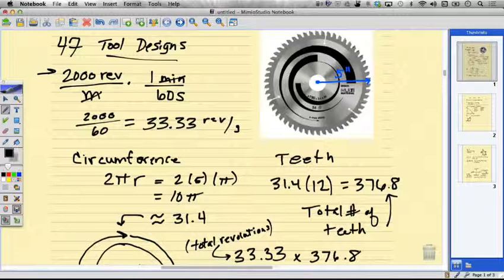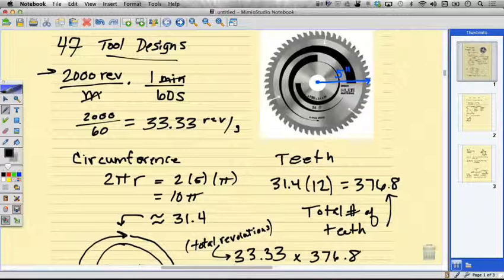Find out how many times it spins. That's really good. The question says, how many teeth cut through in 1 second? So the first thing I thought of was, how many times does that thing spin around in 1 second? I didn't tell you per second, I told you per minute. So it's a problem. I need to convert my rate.